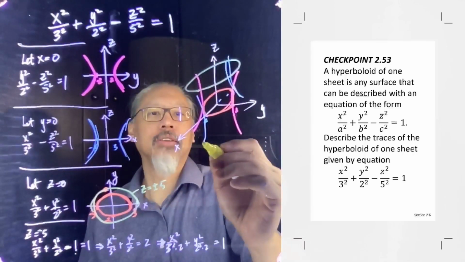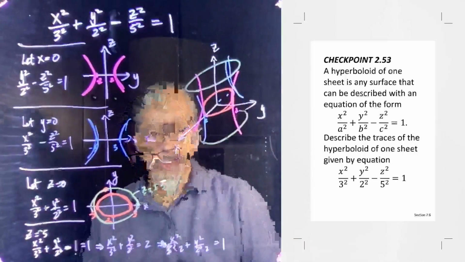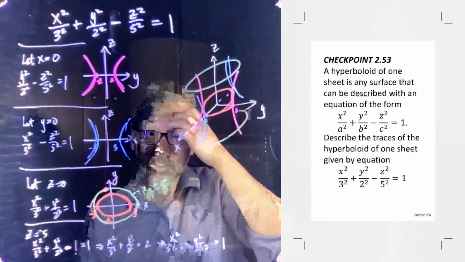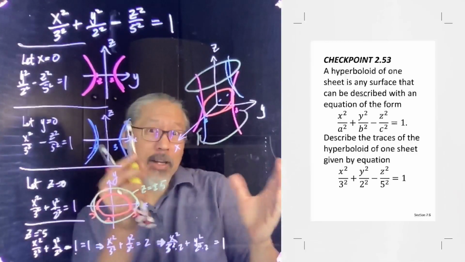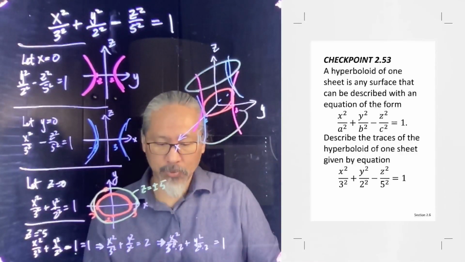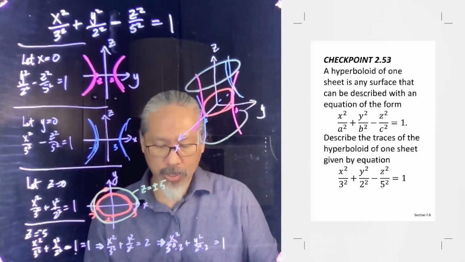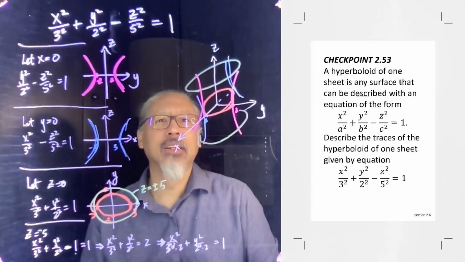And if I go 5 units down, I would get slightly wider. Hoping that you can start to see this picture, that this picture actually looks like this silo looking shape.